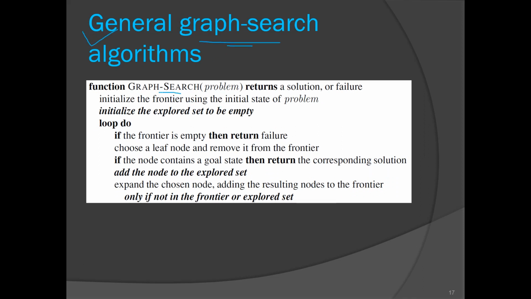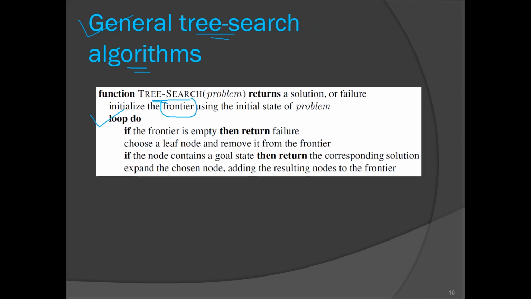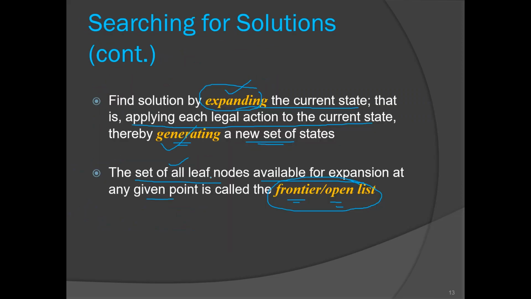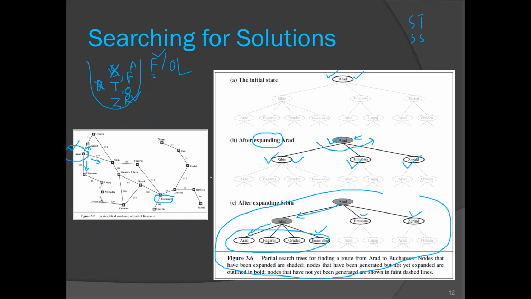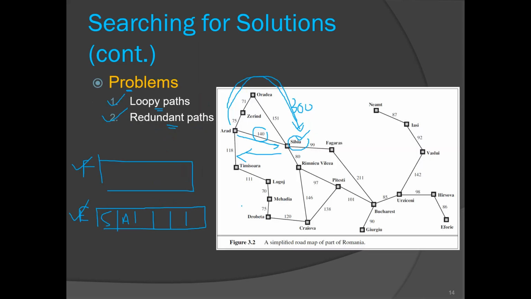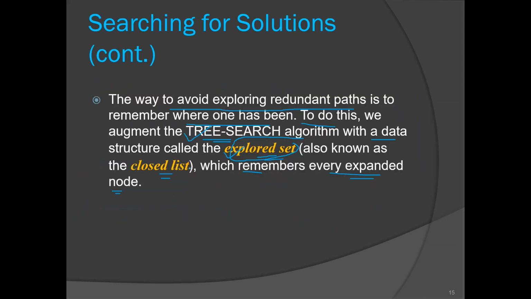Along with the frontier, here we will maintain the explored set also. So we will see these algorithms one by one. I think up to this point everything is clear to you, all the terminologies that we are using: expansion, generation, what we mean by frontier or open list, and explored set and closed list.